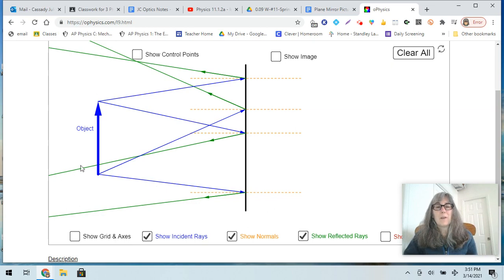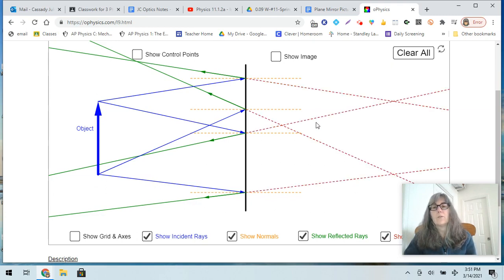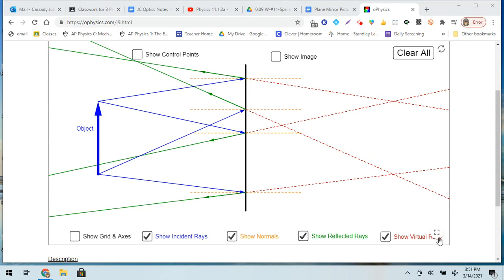So that means my brain is going to trace these rays backwards into the mirror where they can't actually be. So they're going to be virtual rays. So notice that they're drawn with dashed lines because they can't really be there. So the real rays that actually exist, we make solid, and the virtual rays that can't really exist, we make dotted.